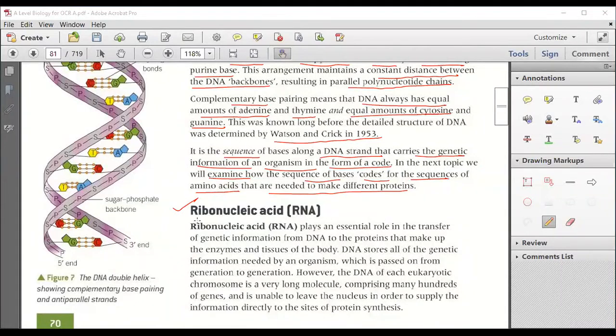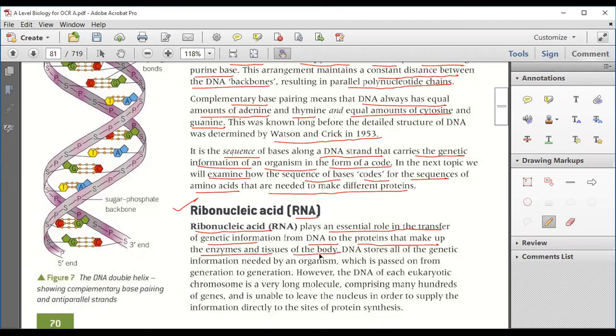Okay. So ribonucleic acid, that is RNA. RNA means ribose nucleic acid, and it plays an essential role in the transfer of genetic information from DNA to the proteins that make up the enzymes and tissues of the body.